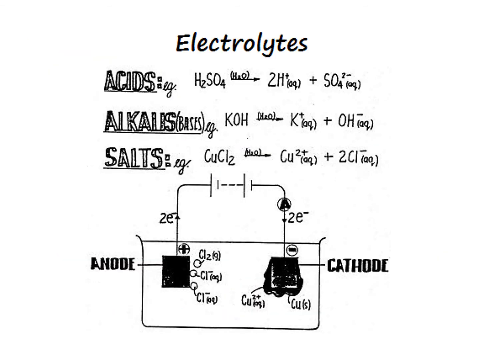When acids react with bases, it forms salts, and these salts can become electrolytes. Now, you know an electrolyte is a solution that conducts electricity. You can go ahead and prove this by setting up an experiment. Let's look at the example.